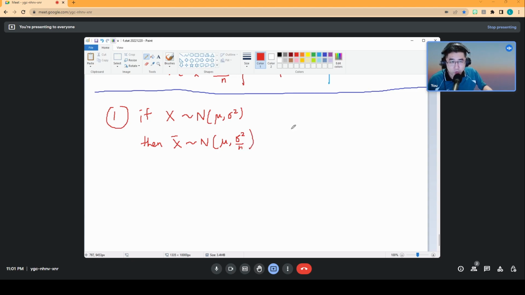We need to use this rule when we come to chapter 5 later.